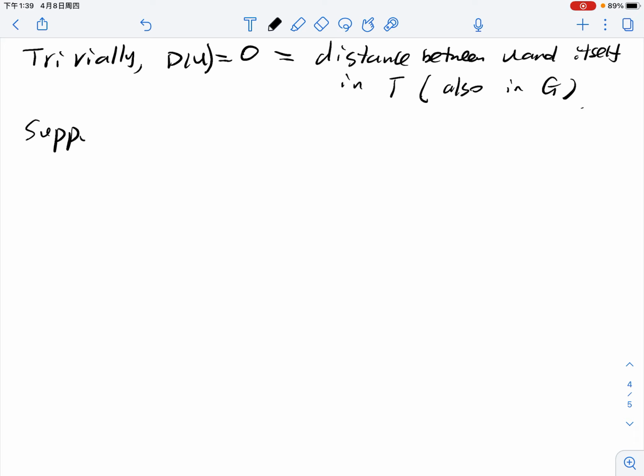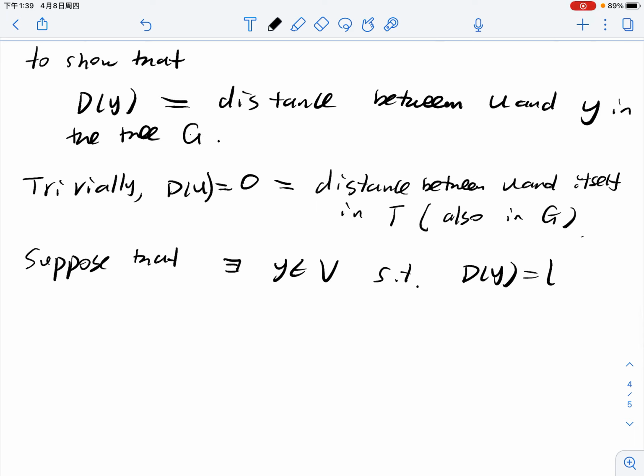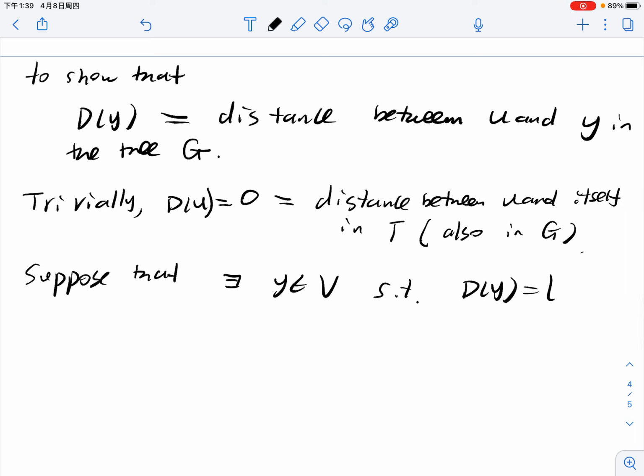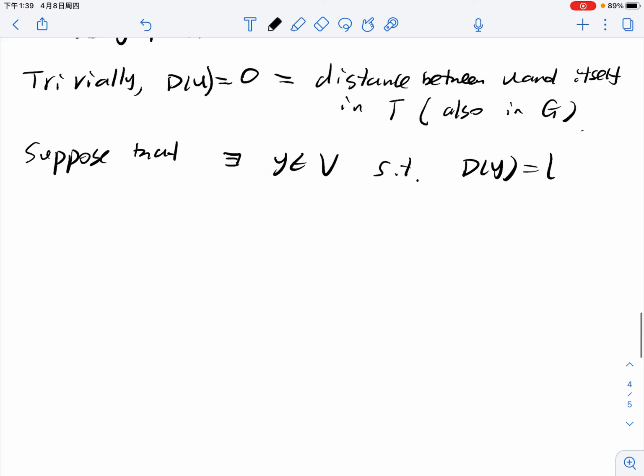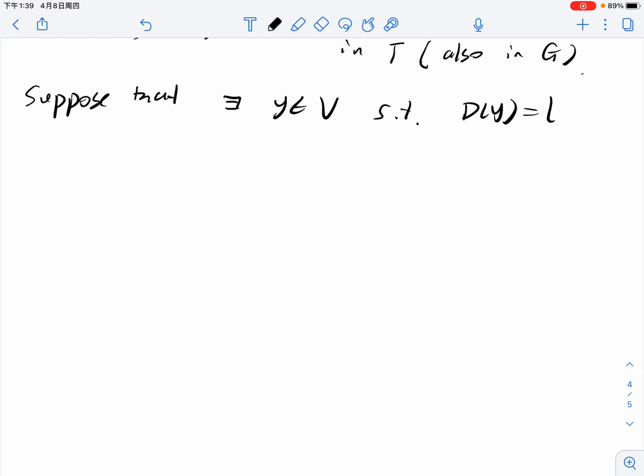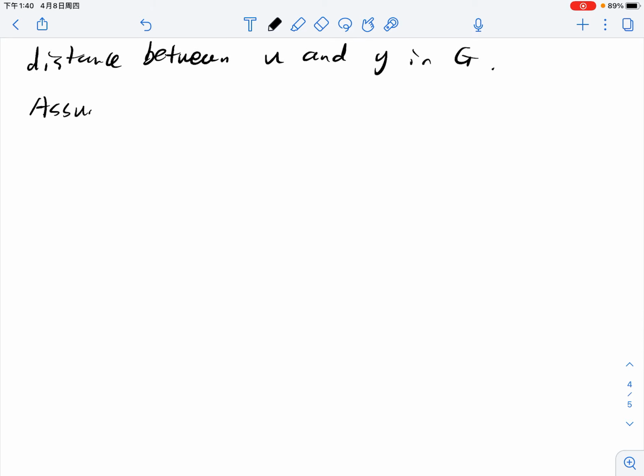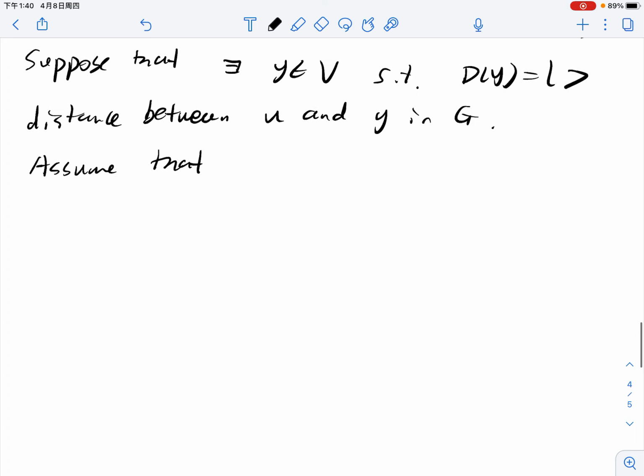And suppose that there exists y in V such that dy is L. Oh, sorry, here we should aim at showing dy is the distance between u and y in the whole graph G. Okay, so here suppose we can find a point y such that dy is L, which is greater than the distance between u and y in G. So let this be k.